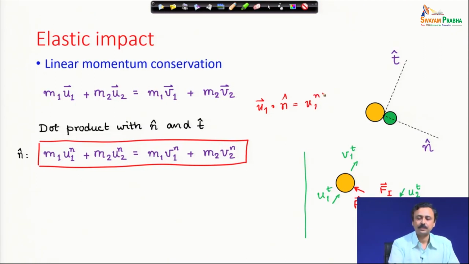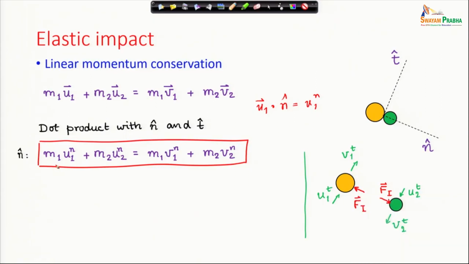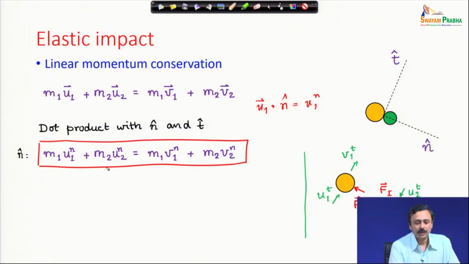It is a scalar, that is, the component of u1 in the normal direction. Therefore, from the left hand side I get m1 u1 normal plus m2 u2 normal, and from the right hand side I get m1 v1 normal plus m2 v2 normal. I have taken a dot product with the normal direction.